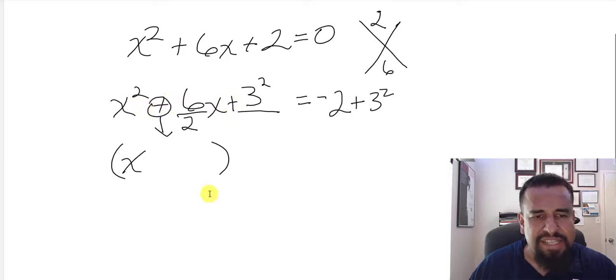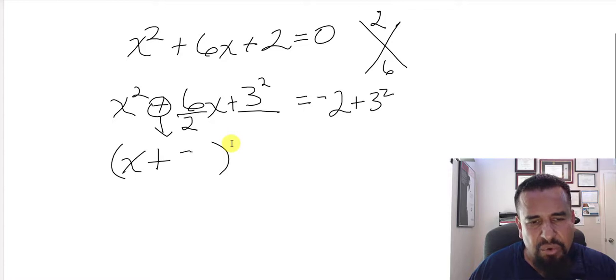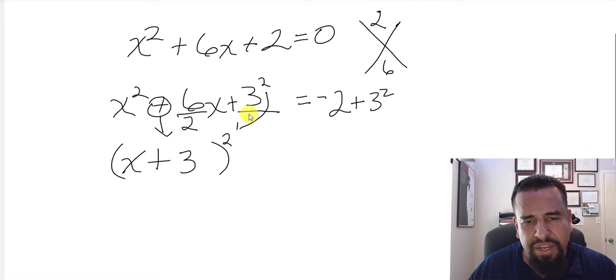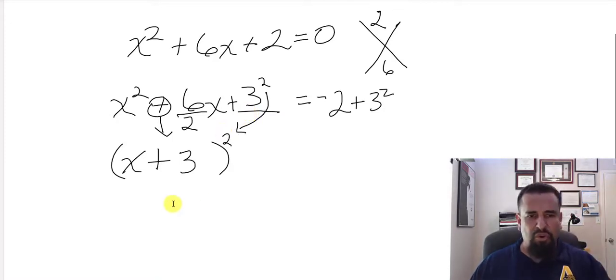I'm focused on this sign. And this sign is going to go in here. And then I take this number here, the number being squared, which is the 3, and that's going to go in here. And then I'm going to square the whole thing. That I get this exponent from here, and that's where I get it from. So I got x plus 3 to the power of 2.